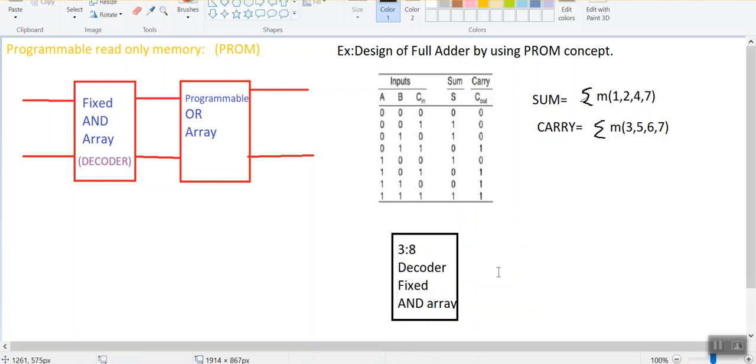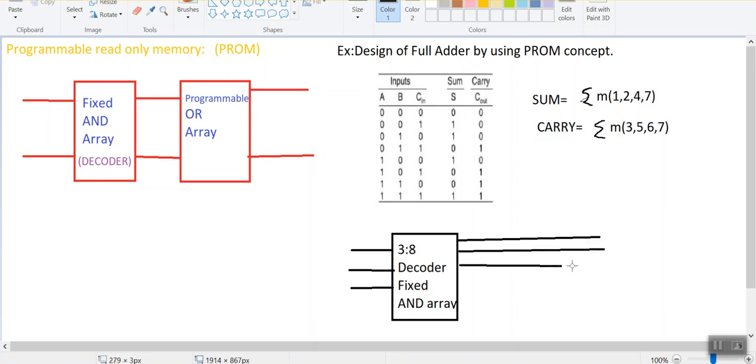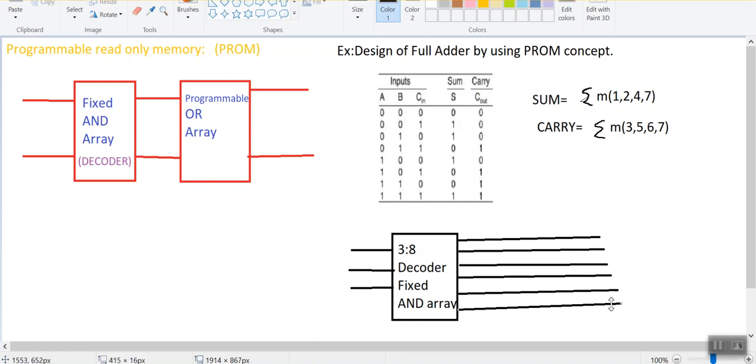Now here you can observe my inputs are three: my first input A, B and C in. And how many outputs are there? Eight outputs: first output, second output, third output, fourth output, and so on.